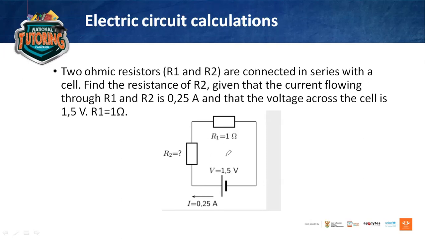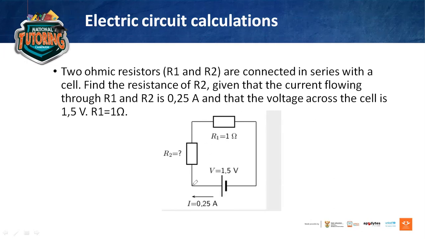Okay, then once you get this total, you're going to say V total is equal to V1 plus V2. And then we're going to make V2 the subject of the formula, so it's going to be V total minus V1.